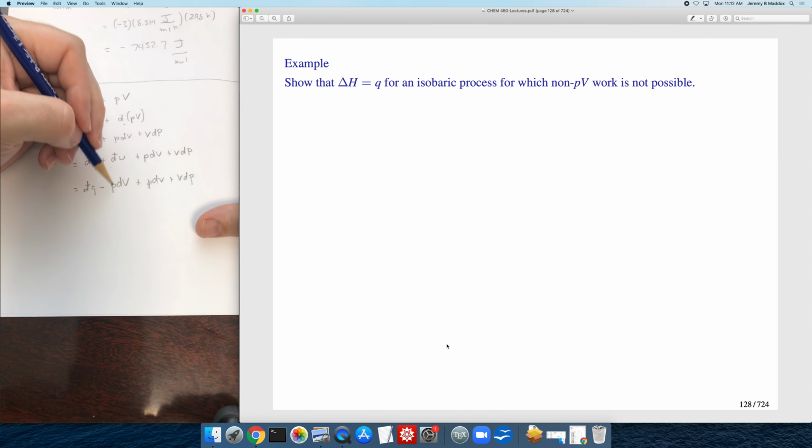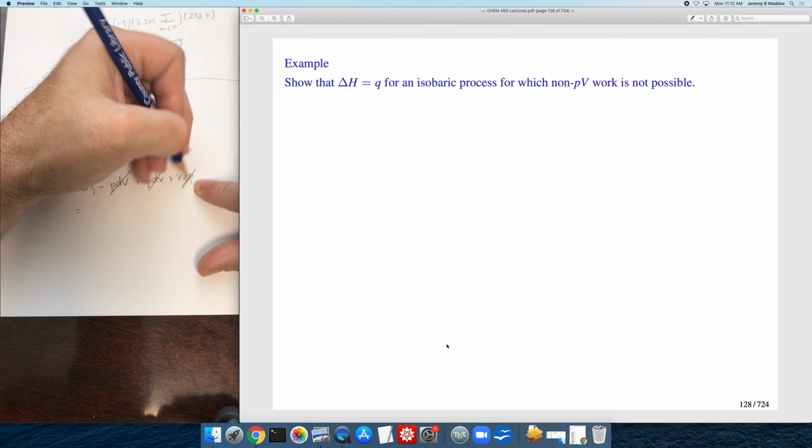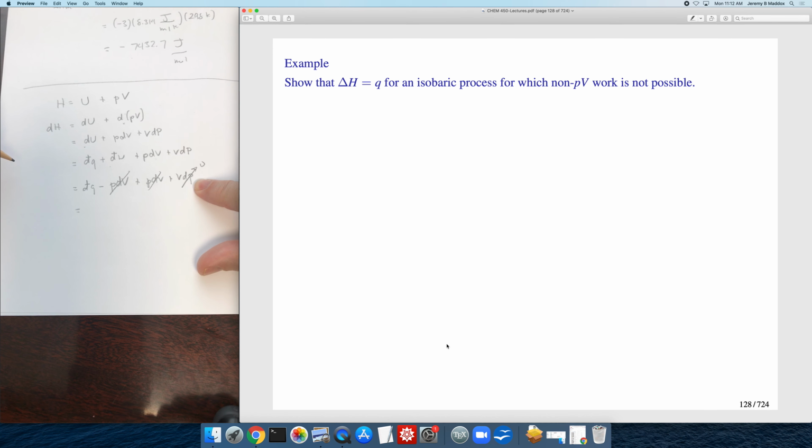And what you see is that this term cancels out that term. For the case of isobaric conditions, that term is also equal to 0. And so you're left with dH equals dQ, and the finite version of this would be delta H equals Q. Okay, and that's what we were asked to show. So for isobaric conditions, where there's no non-PV work, the change in enthalpy is equal to the isobaric heat.